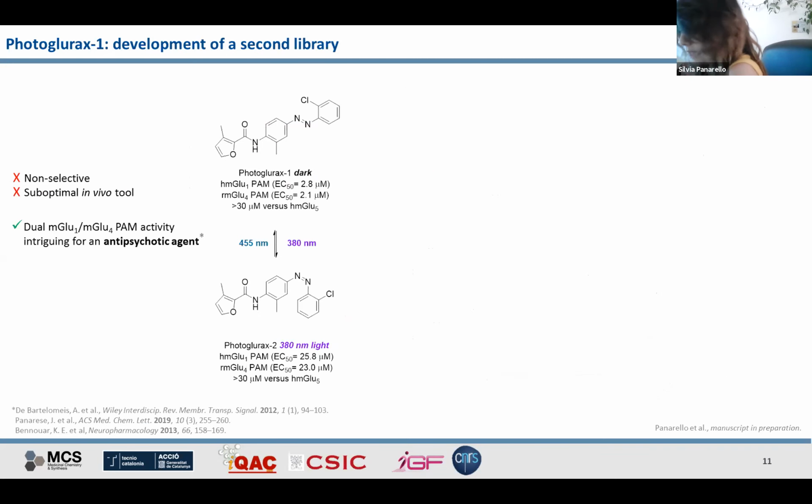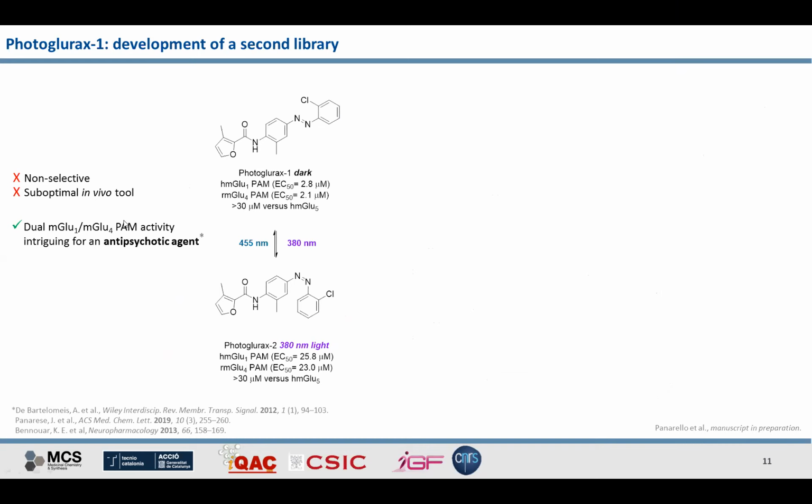In summary, while mGlu1 potency could be attractive for a proof of concept for the precise control of mGlu1 receptors with light, the overall profile and selectivity versus mGlu4 were not appropriate for an in vivo translation of possible mGlu1 PAM compounds.